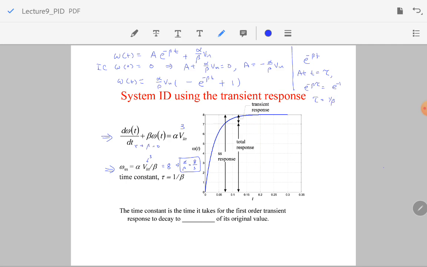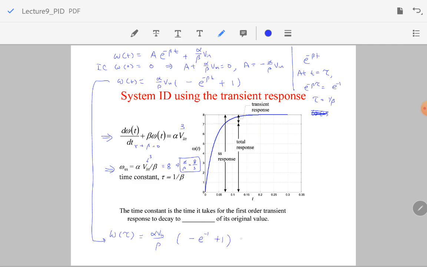Let's go back to the tau. When time is equal to 1 over beta, what does omega become? Omega at the time constant equals alpha V_in over beta, times minus e to the minus 1 plus 1.